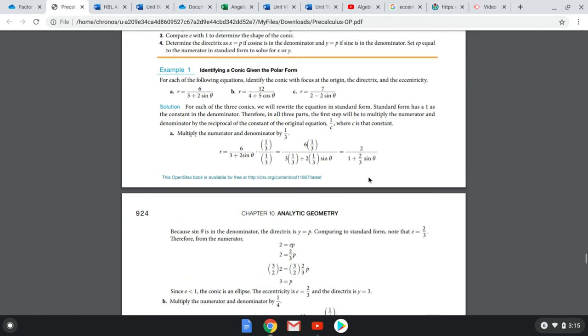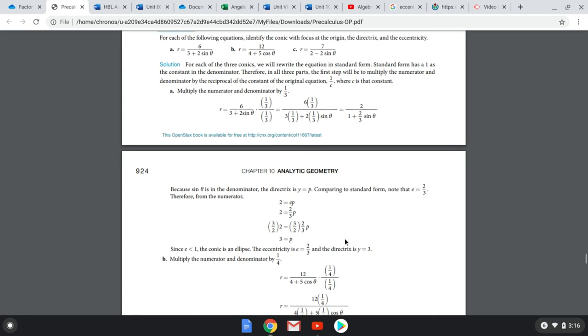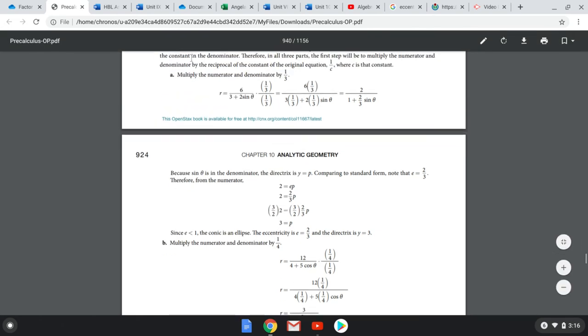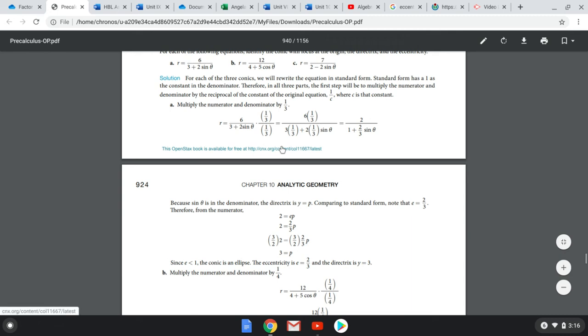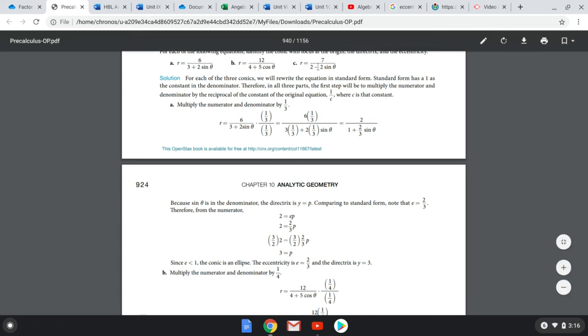In this case, it was sine, right? If sine is up and down, then my directrix is going to be horizontal, so it's going to be y equals. The plus here is going to correspond with P also being positive, so it's just going to be y equals P. For this one, for example, it's going to be y equals negative P. This one is y equals positive P. This is going to be x equals positive P, because this is cosine.